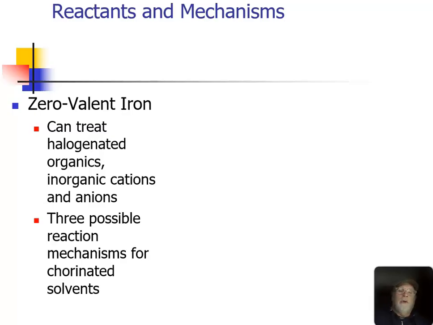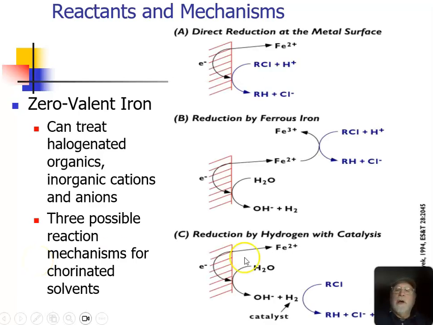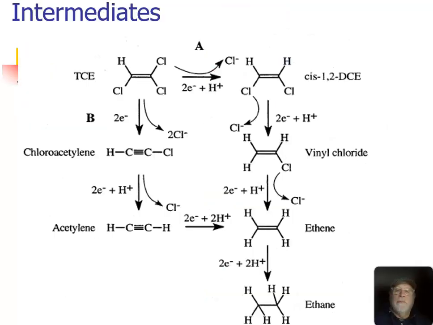So how it works is you put in iron filings, zero valent iron. There's some mechanisms that happen there. So the iron oxidizes, so it goes up to Fe2+, and in that, the chlorinated solvents, the chlorines come off of that. And that also happens with some of the other oxidation states of iron once it gets started.